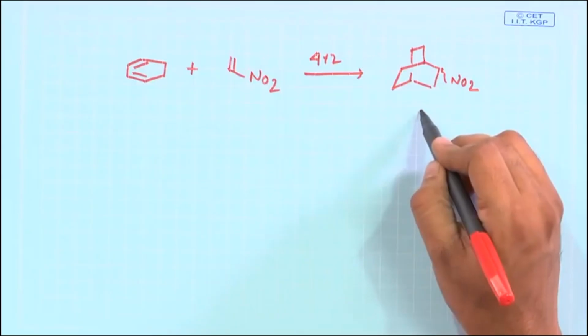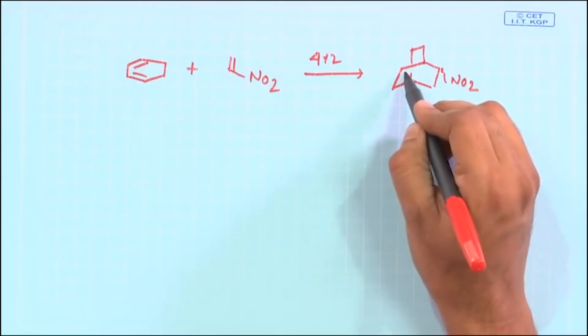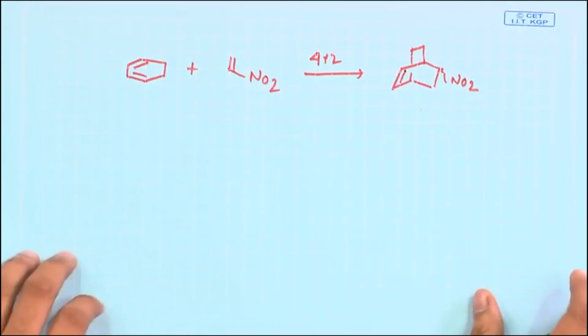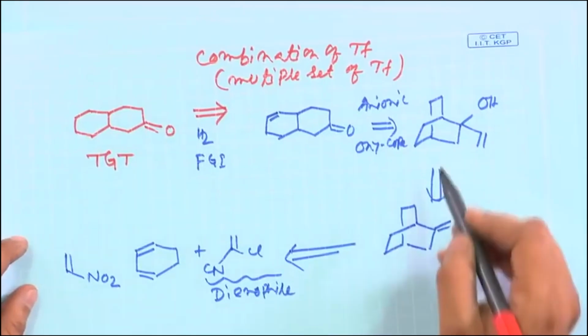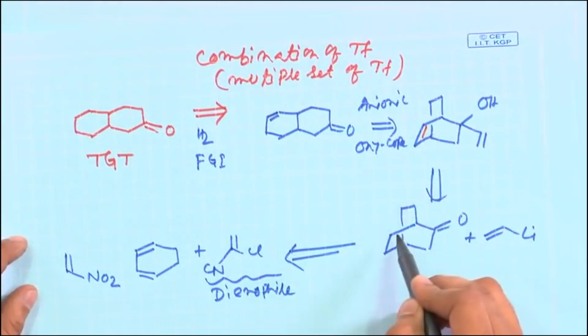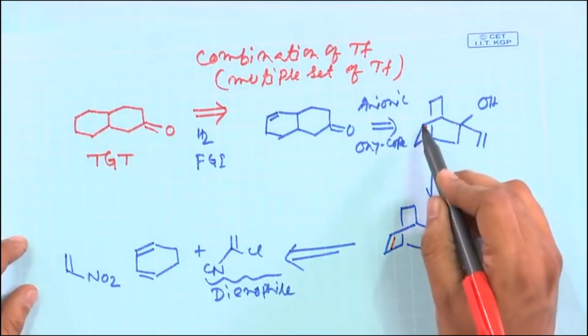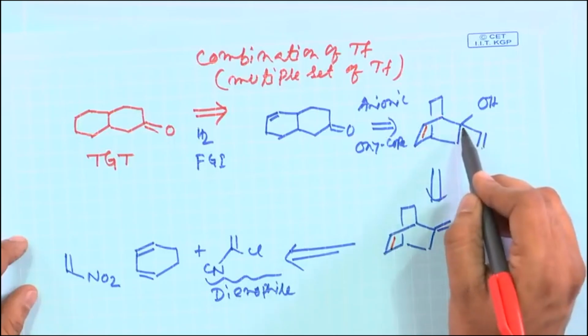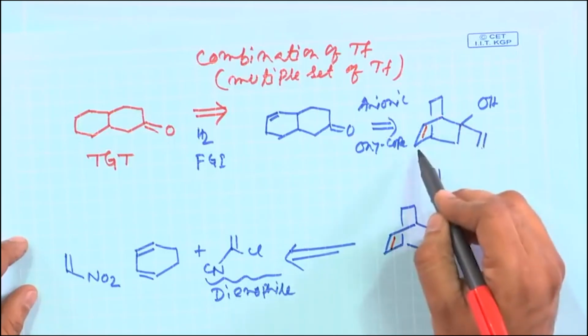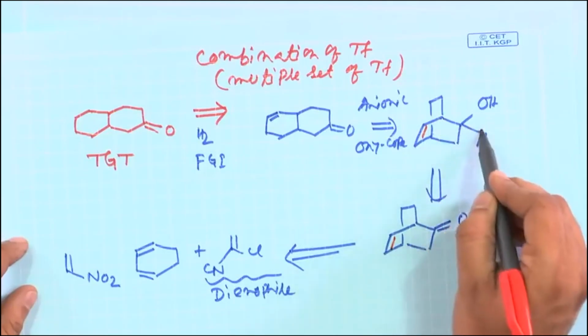So, fine. Now, you have another double bond definitely there. In all the cases you will have this double bond, because you need an anionic oxy-Cope rearrangement. 1 2 3 1 2 3, yes. So, this is the oxy-Cope network 1 2 3 1 2 3. So, everywhere you have this double bond, fine.